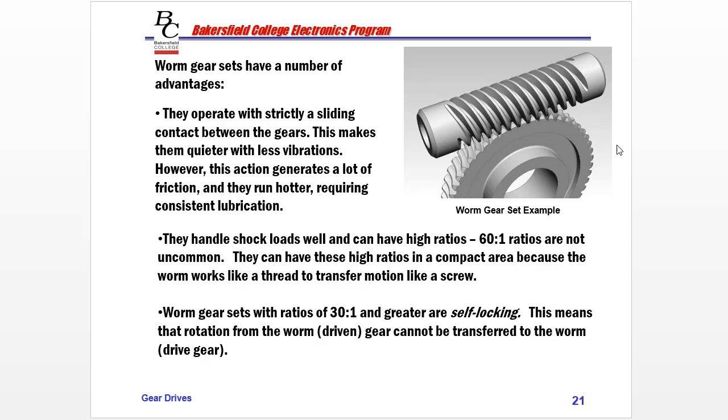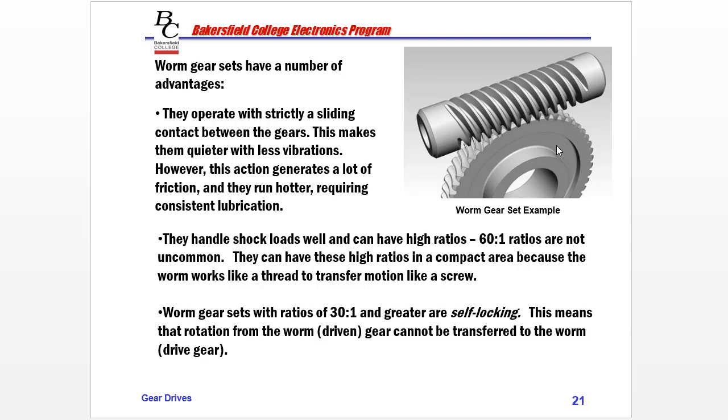So when we try to turn this, this worm gear is always the driven gear, the output. And the worm is always the input, or our driver gear. This is the one that's going to be causing the motion to happen.